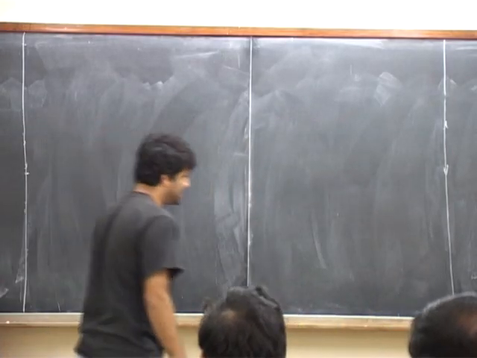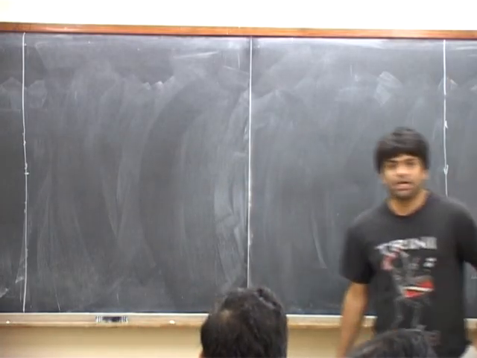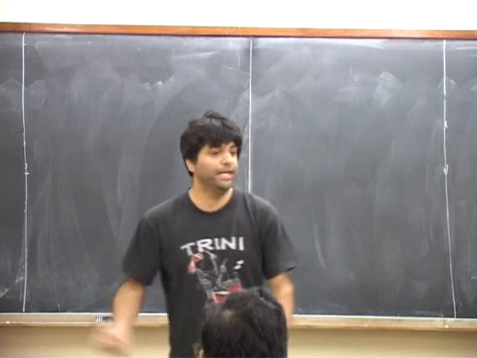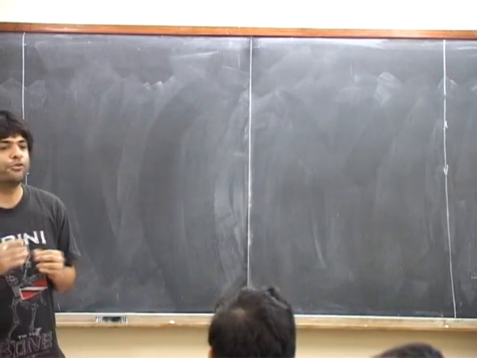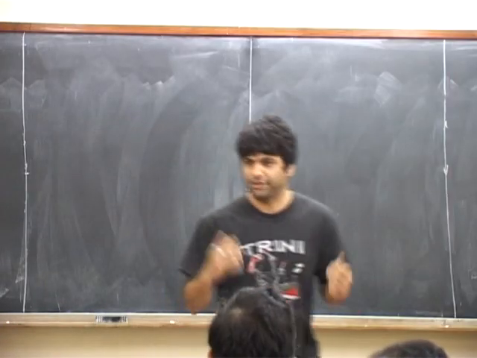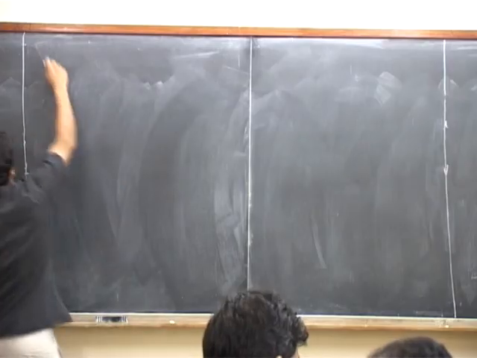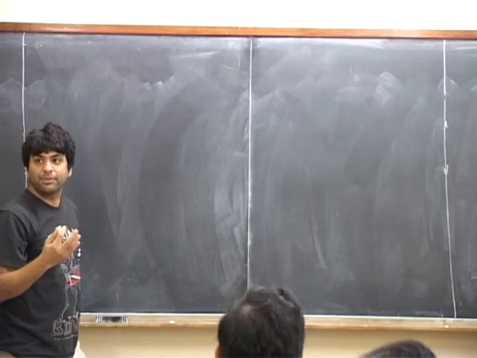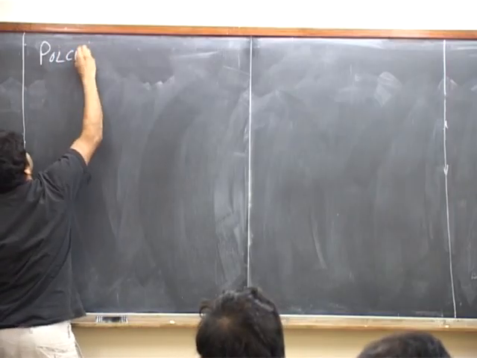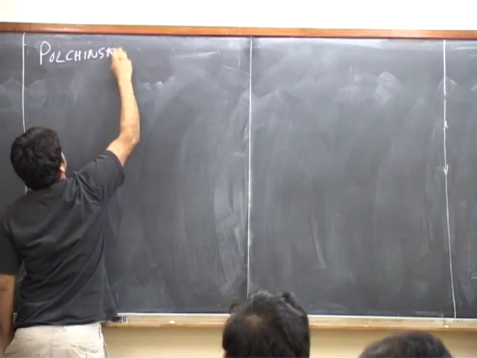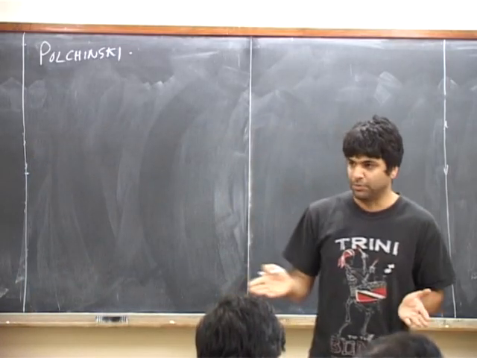The plan for the first part of the course, by the first part I mean till May, is to go through a treatment of perturbative string theory. The main textbook, the textbook that will be most useful in this course, is Polchinski. Polchinski has written a couple of really nice textbooks in string theory.